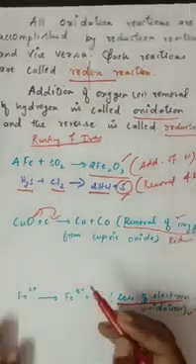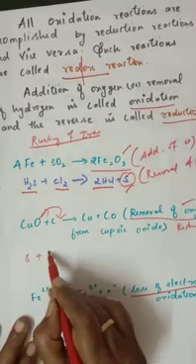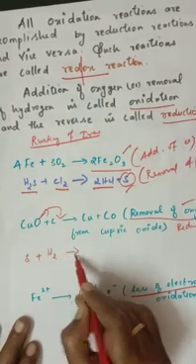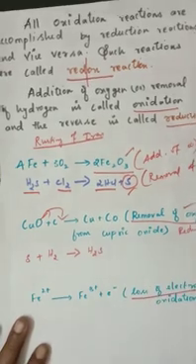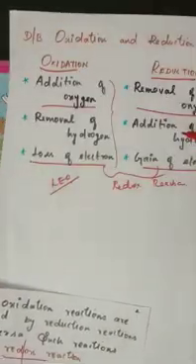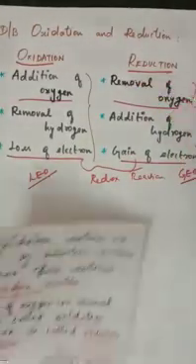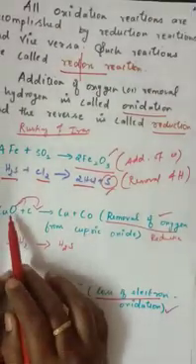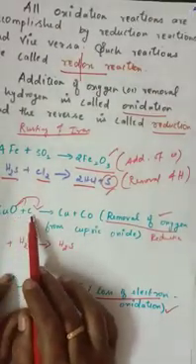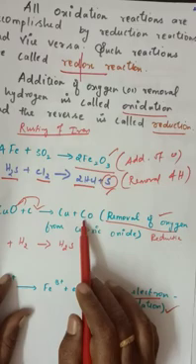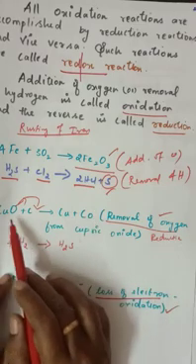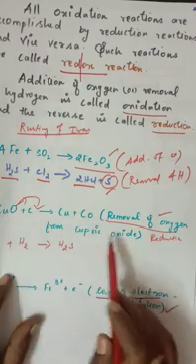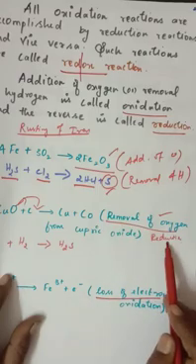One more example we can see. Sulfur treated with hydrogen gives H2S. So what is the second definition? Addition of hydrogen. In the first one, from the metal the oxygen is removed, and removal of oxygen is known as reduction.